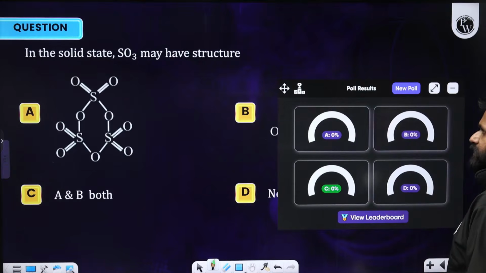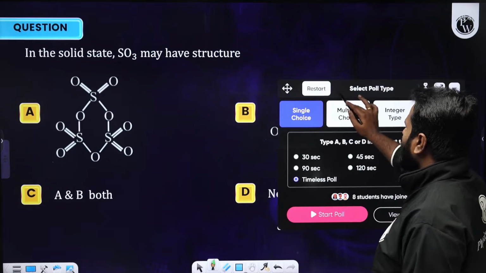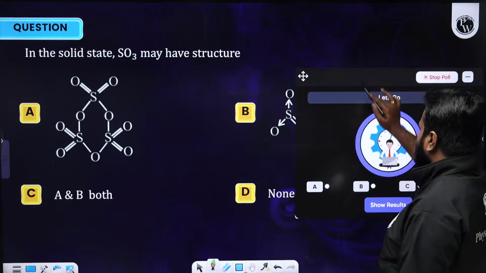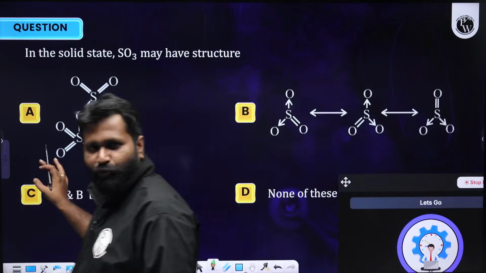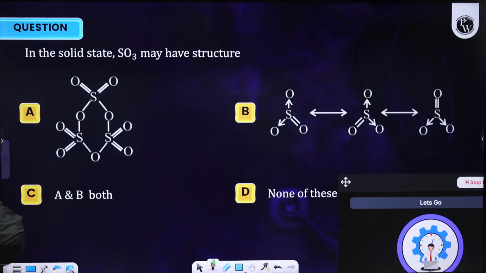Next question. In the solid state, what will be the structure of SO3?